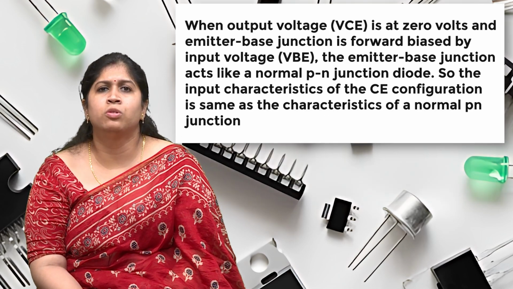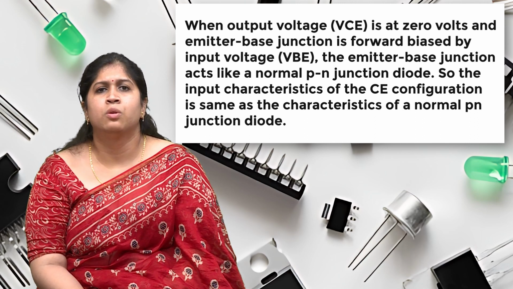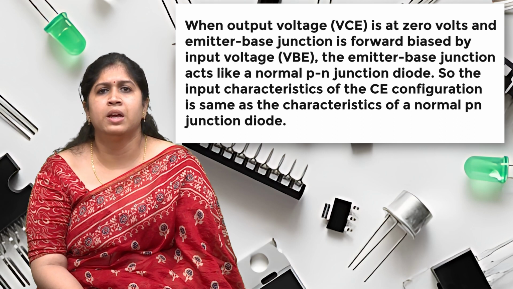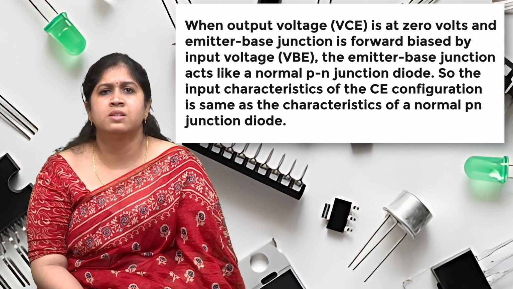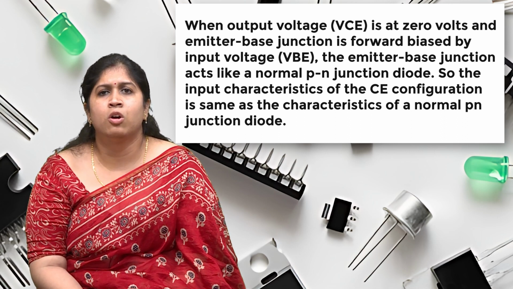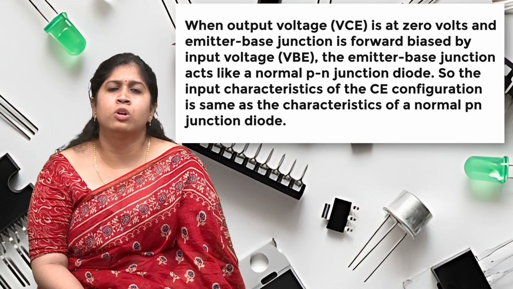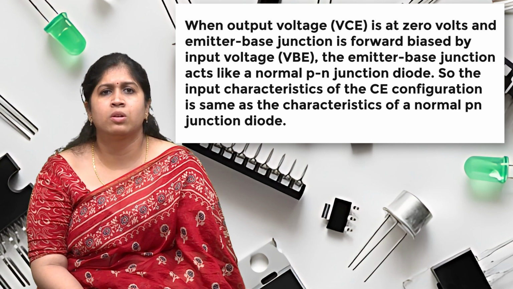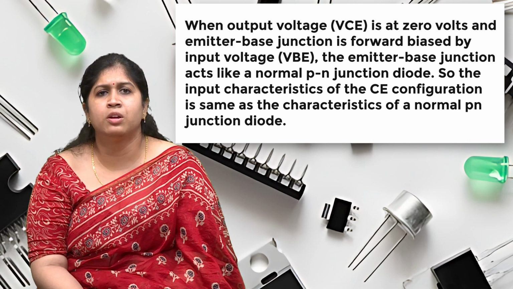When output voltage VCE is at 0 volt and the emitter base junction is forward biased by input voltage VBE, the emitter base junction acts like a normal PN junction diode. So the input characteristics of the common emitter configuration are the same as the characteristics of a normal PN junction diode.